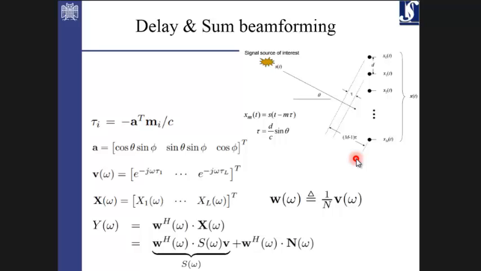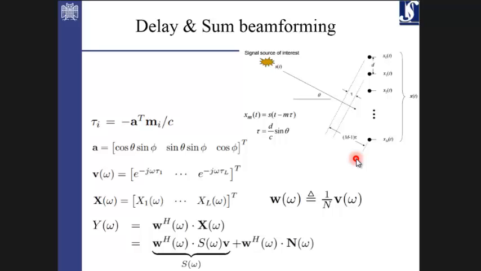What really happens is that this equals W Hermitian Vs plus W Hermitian noise. We hope that the first term gives the source, and the noise term is attenuated. Attenuation of this and cancellation of this is our hope.